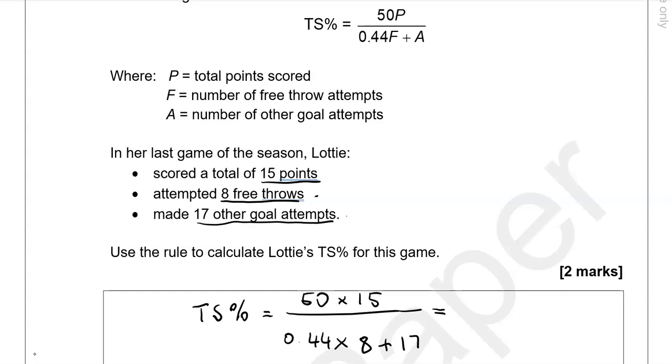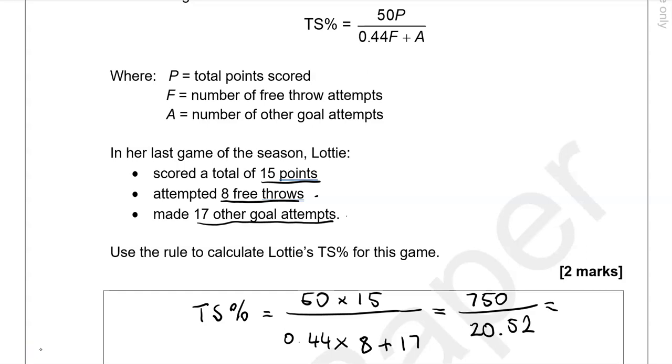So we'll do 50 times 15, which is 750. Now, BIDMAS tells us we need to do multiplication before addition. So we're going to go 0.44 times 8 first, which gives us 3.52, and adding 17 to that gives us 20.52.